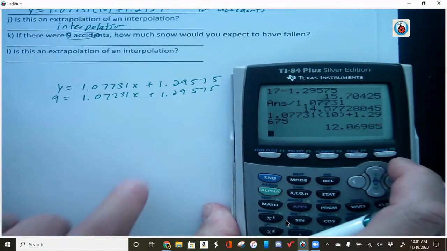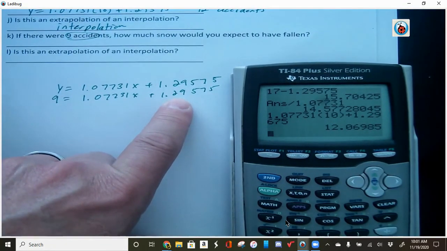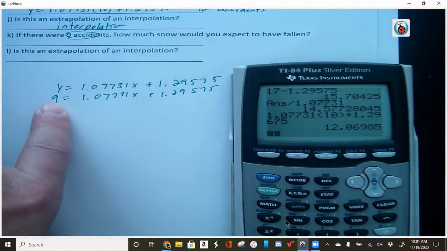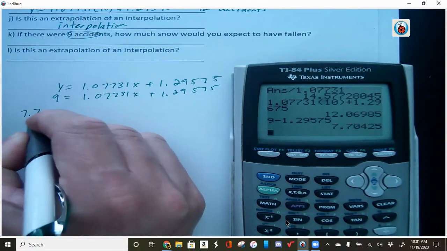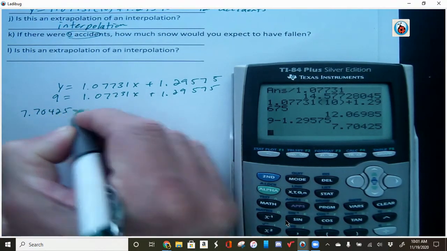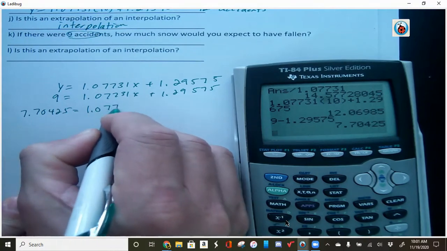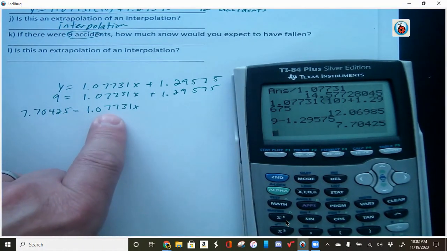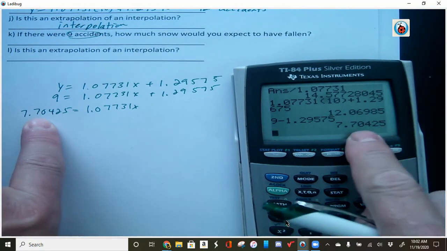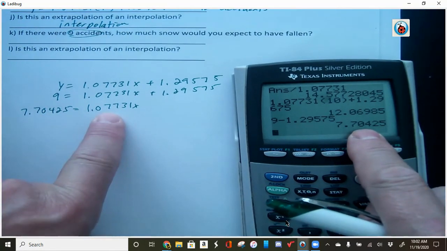I will go ahead and subtract 1.29575 from both sides. So that would be 9 minus 1.29575. That gives me 7.70425 is equal to this. Then I'll divide both sides by 1.07731. So that would be this number divided by the slope.